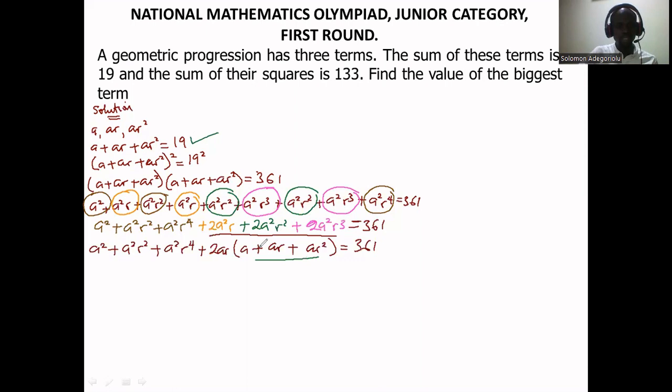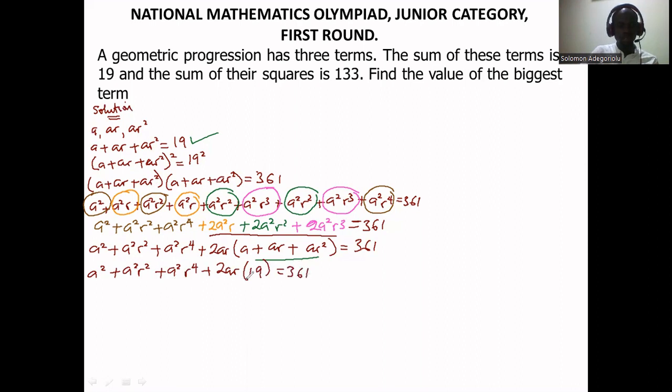So let's replace what we have here with 19. And that would be A squared plus A squared R squared plus A squared R raised to power 4 plus 2AR, open a bracket, here is 19, then is equal to 361.